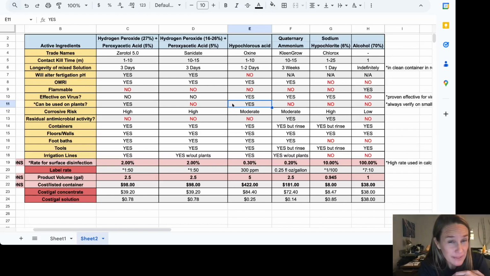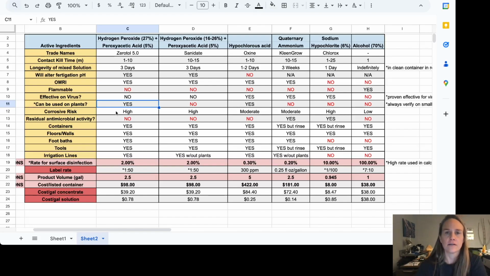That's not to say it would be a negative thing. It's just to say we're very early on, and we're really not familiar with any side effects there. And then the rest of the products here you wouldn't want to use on plants. So that leaves you kind of two choices if you do want to drench or spray on your plants.